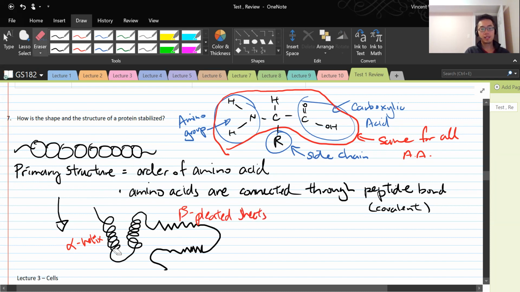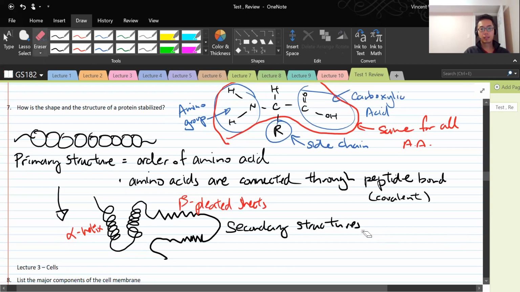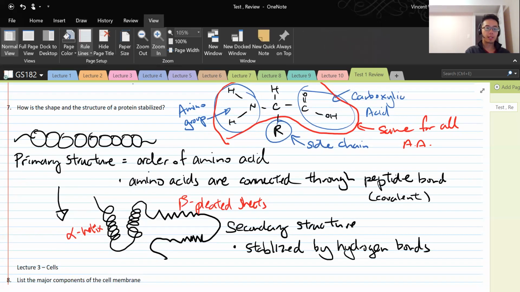These coils and zigzags are part of the secondary structure, and they are stabilized by hydrogen bonds.